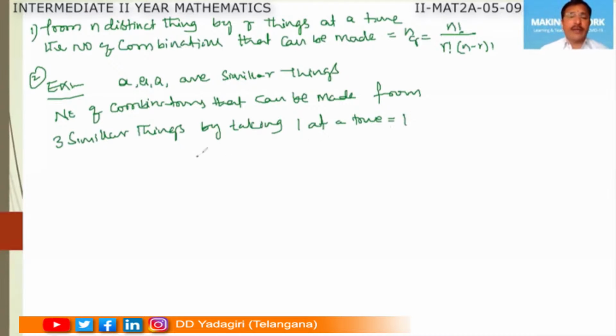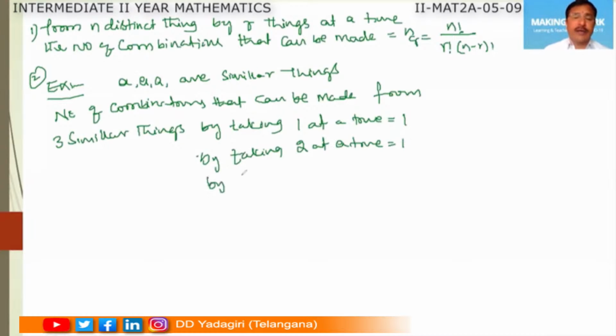By taking two at a time, how many ways can we select two things from these three similar things? Any two, either first A or second A, or second A or third A, or first A or third A. Any two things give the same combination, right? So that is also one.